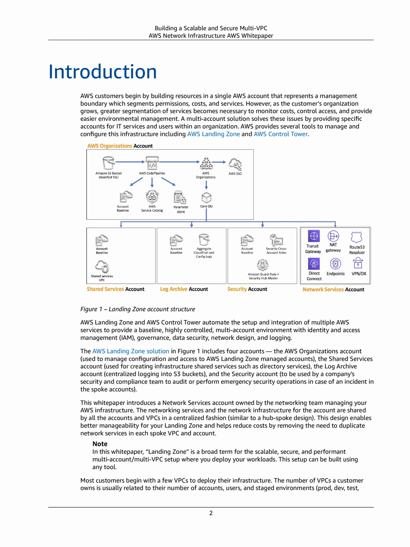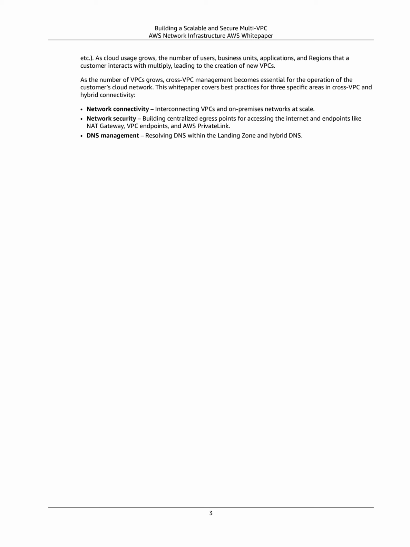Most customers begin with a few VPCs to deploy their infrastructure. The number of VPCs a customer owns is usually related to their number of accounts, users, and staged environments: prod, dev, test, etc. As cloud usage grows, the number of users, business units, applications, and regions that a customer interacts with multiply, leading to the creation of new VPCs. As the number of VPCs grows, cross-VPC management becomes essential for the operation of the customer's cloud network.